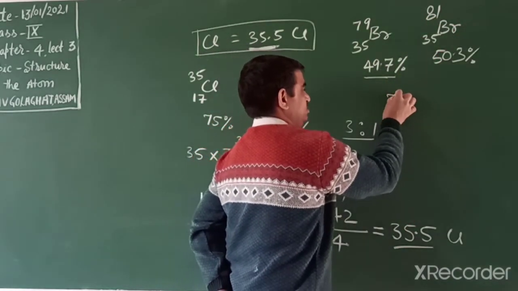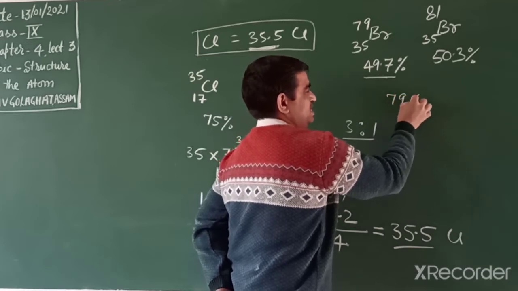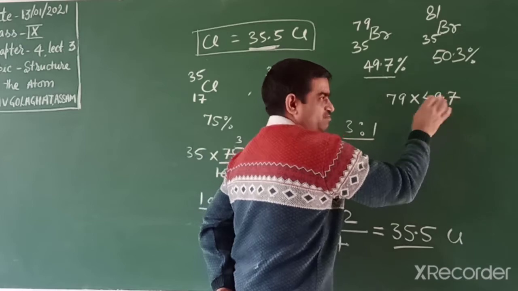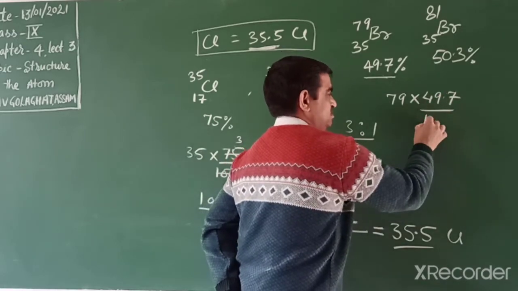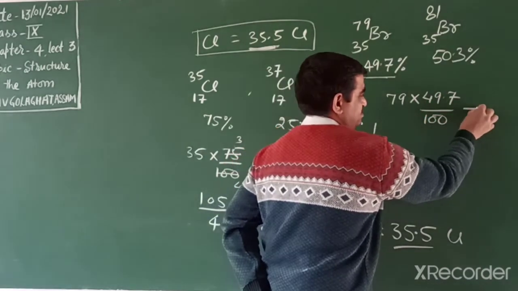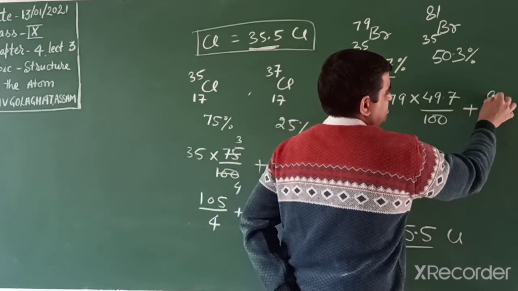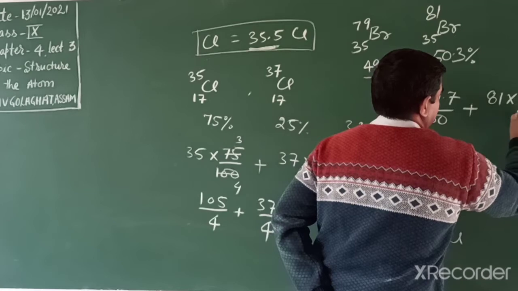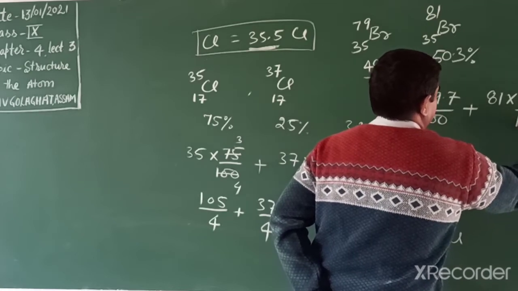So we can solve it in this way: 79 into 49.7%. When we remove percent, we divide by 100, plus 81 into 50.3 divided by 100.